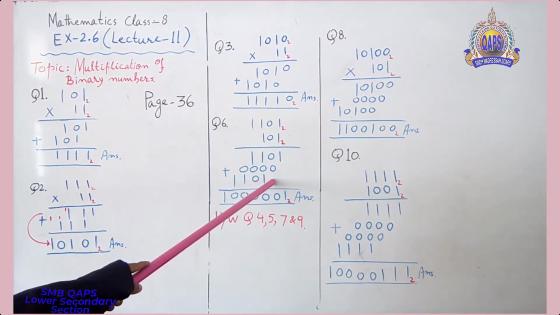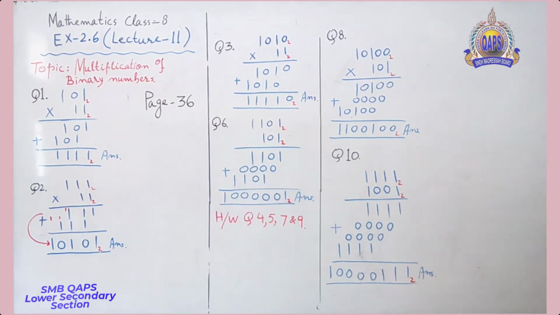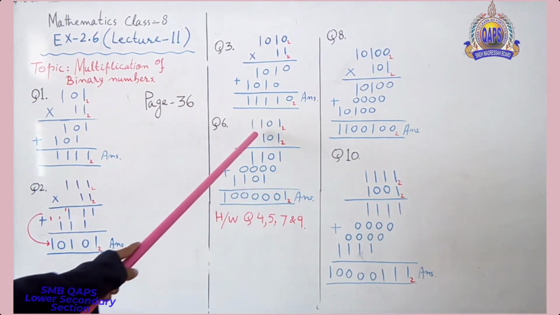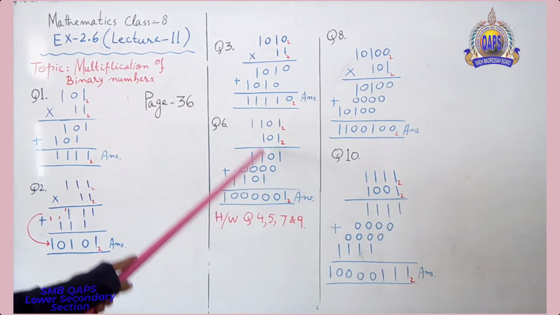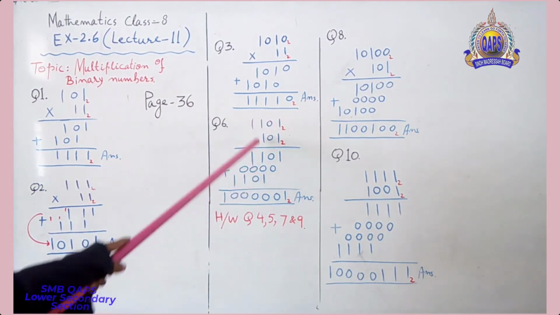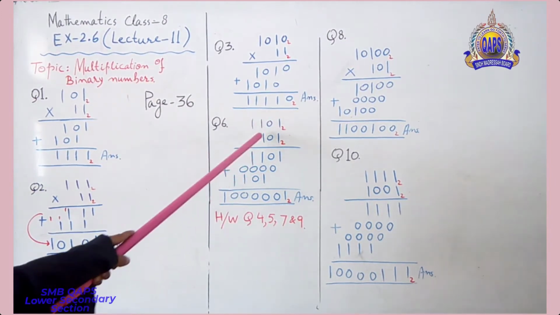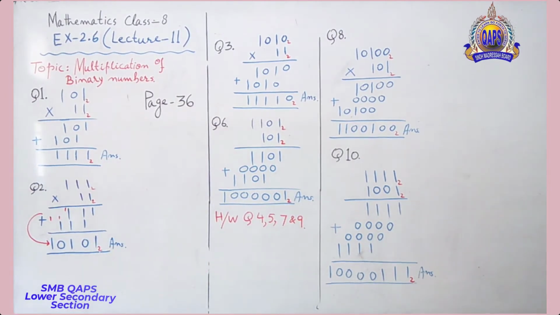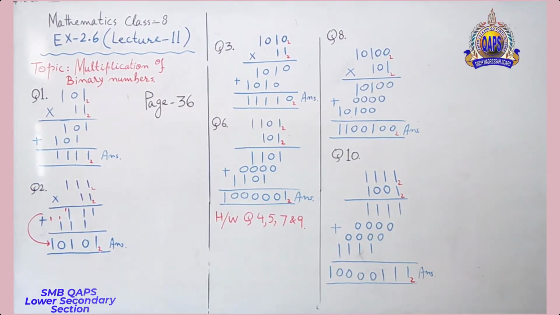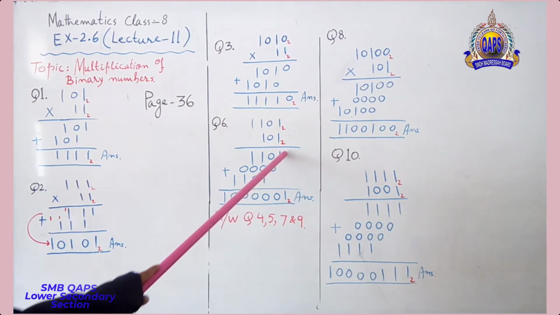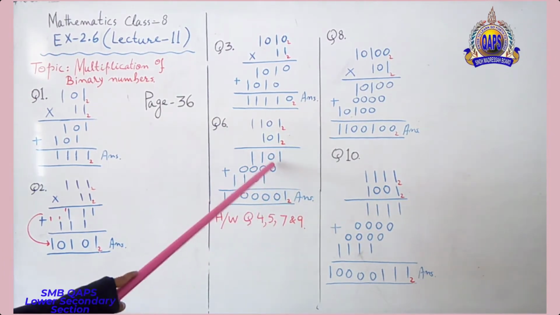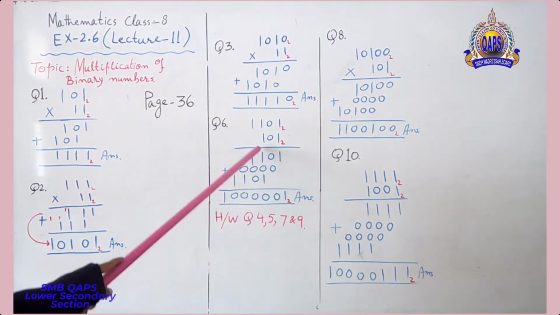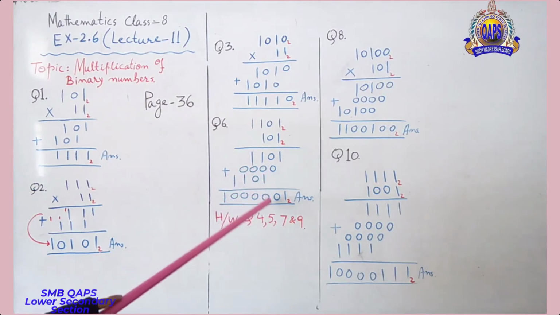Leave this place. Start it from here. 1 ones are 1, 1 zeros are 0, 1 ones are 1, 1 ones are 1. Now add them. 1, 0 plus 0, 0, 1 plus 0 plus 1, 0.